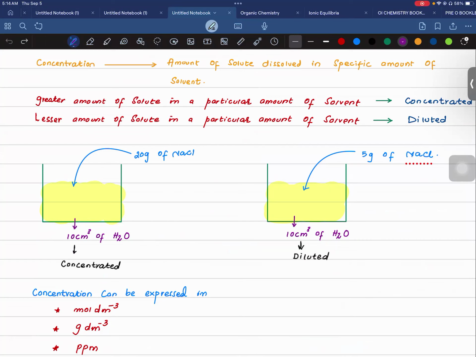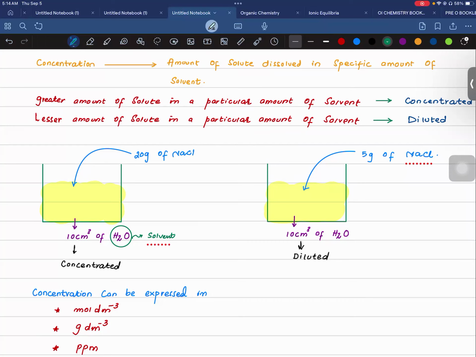It means that I have 10 cm cube of solvent. So this is a solvent.